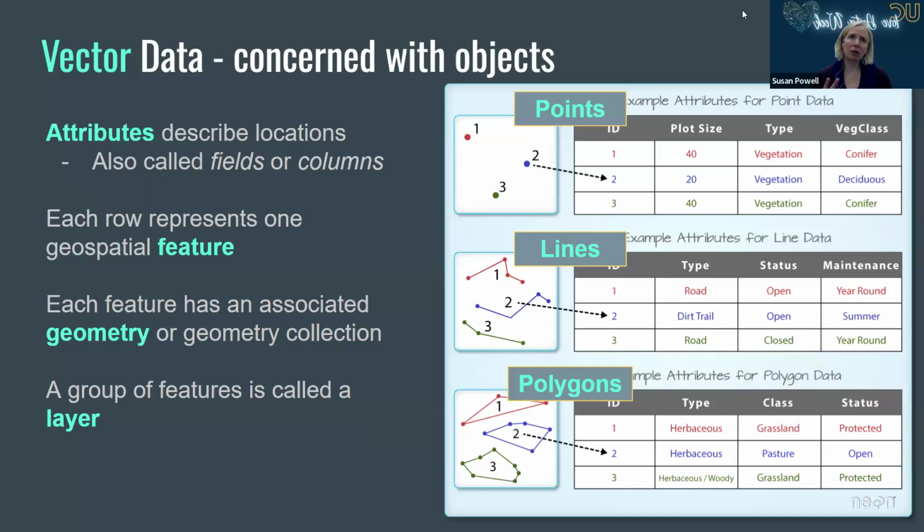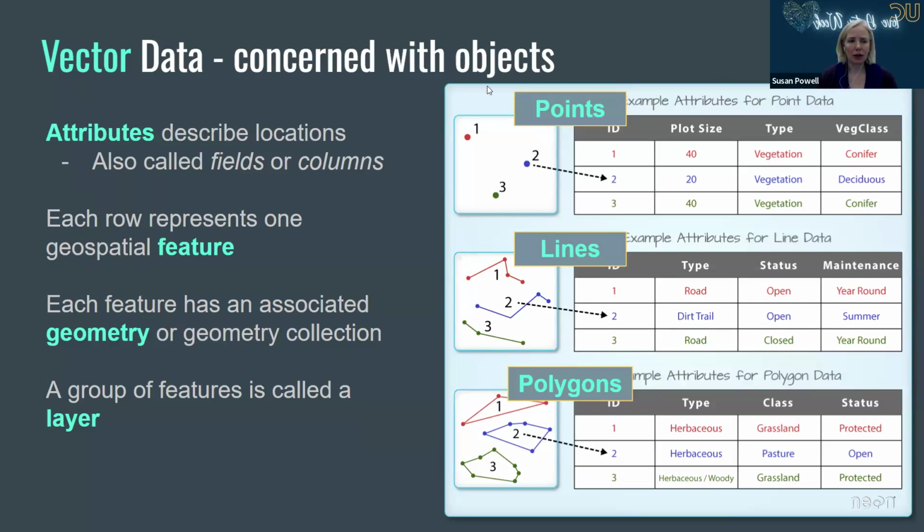There are two main kinds of geospatial data in the way that it's represented. One is vector data, which is really concerned with objects in space. So with vector data, it's thinking about where objects are, and it's defining those as either points, lines, or polygons, which are areas.